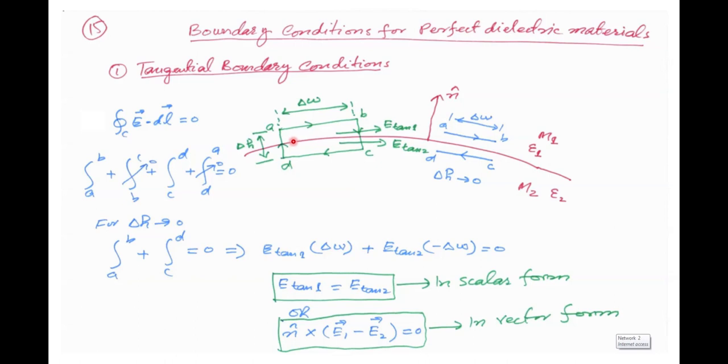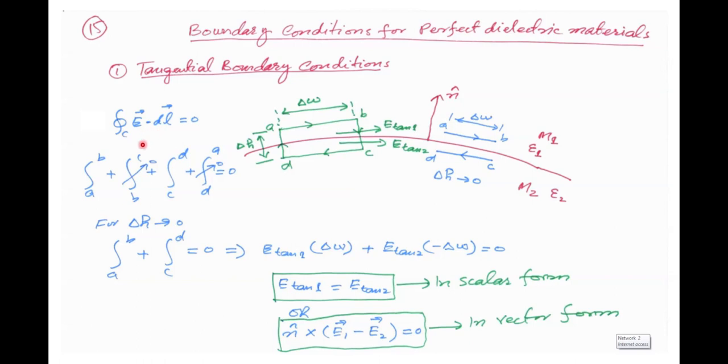For that purpose, let us consider a closed path A, B, C, D, A. The length of this rectangular path is delta W, and the width of this incremental path is delta H. We have to obtain the relation for the tangential component of electric field in medium 1 and medium 2.